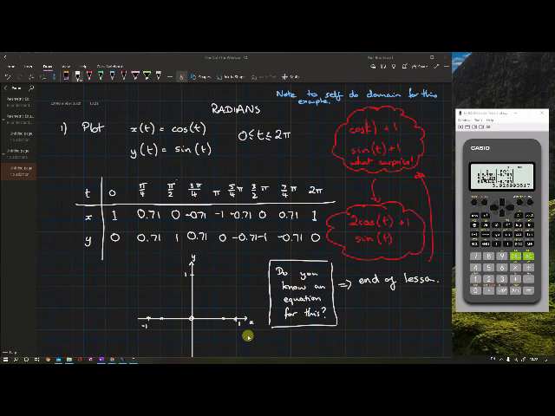Okay guys, I asked you yesterday to have a look at, once you've done some plotting of parametric equations, to try and plot cos t, sine t. X is cos t and y is sine t.